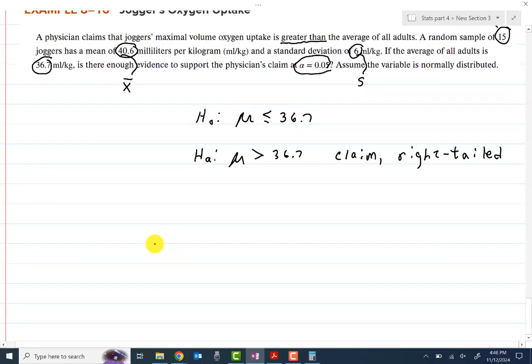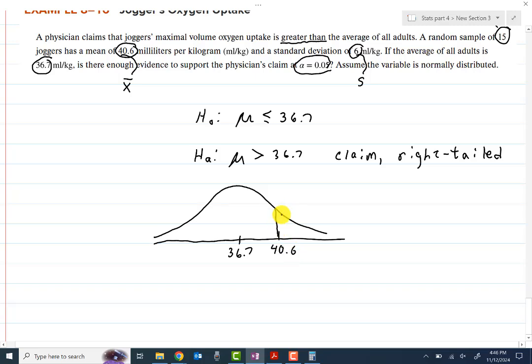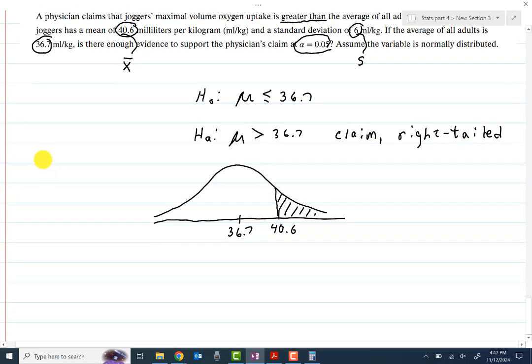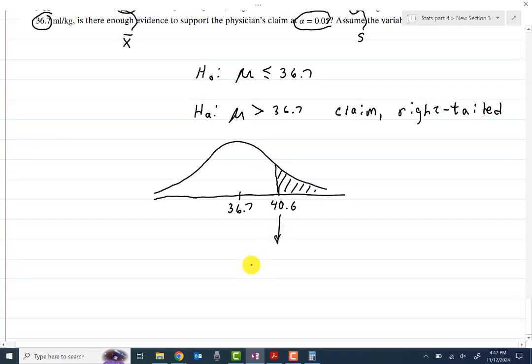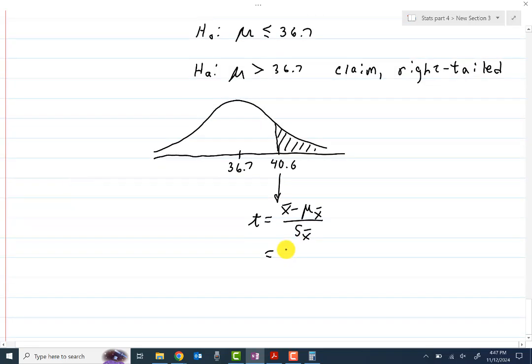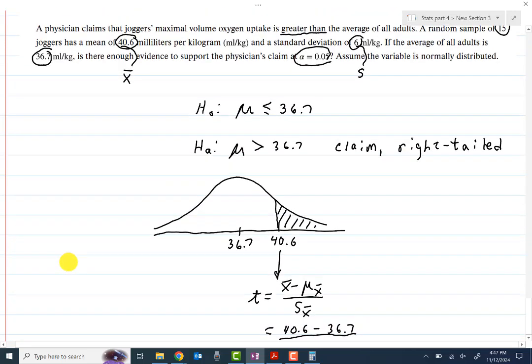Let me draw a picture. The sample mean was 40.6. Let me get the t-score. The x-bar, 40.6. The mu, 36.7. And I have yet to get the standard deviation for this.